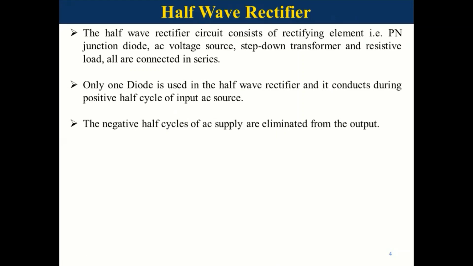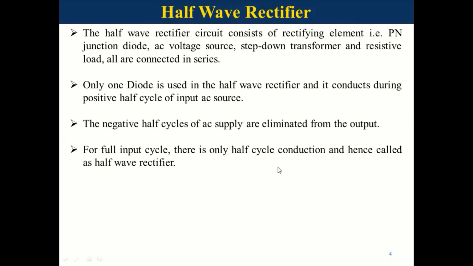So the negative half cycles are completely eliminated from the output. Only positive half cycles appear in the output. So we can say for a full input cycle there is only half cycle conduction, and hence this rectifier is called a half-wave rectifier. The circuit diagram of this half-wave rectifier is given below.